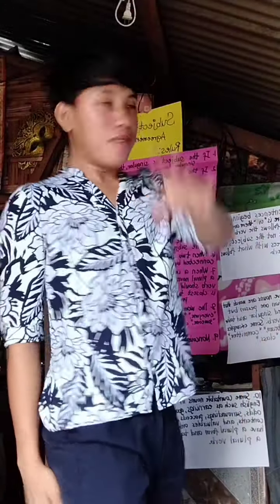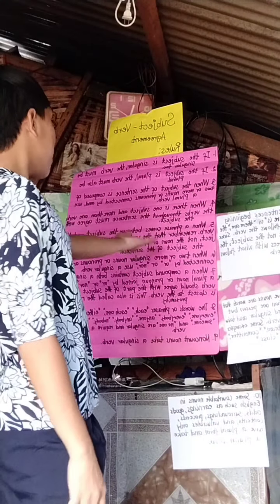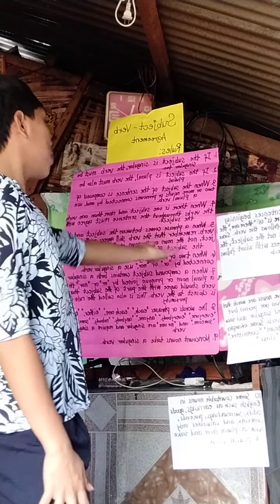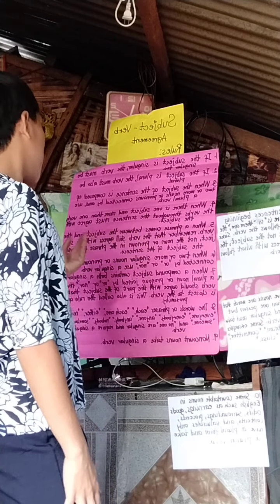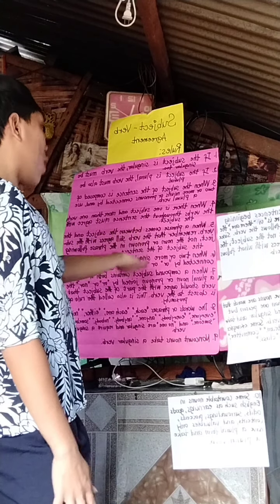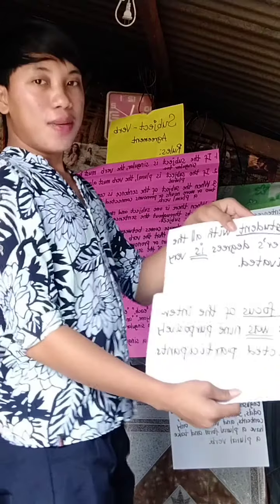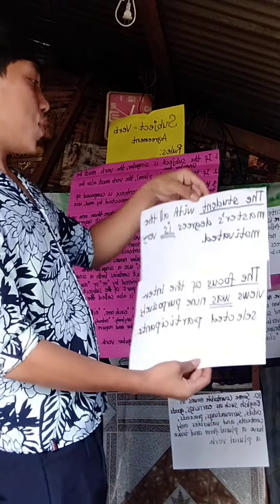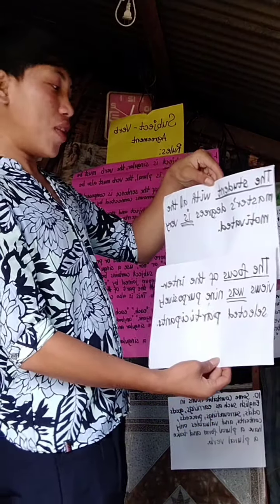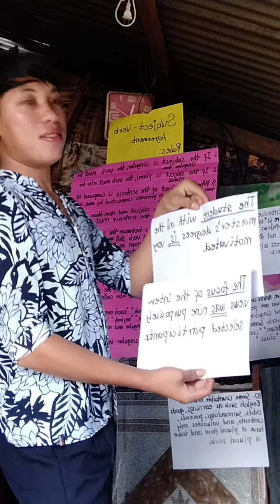Rule number 5. When a phrase comes between the subject and the verb, remember that the verb still agrees with the subject, not the noun or pronoun in the phrase following the subject of the sentence. Just like for the example. Let's read: The student with all the master's degrees is very motivated.